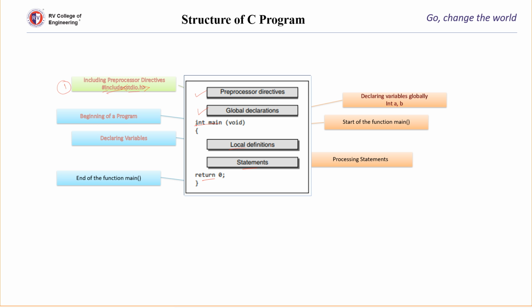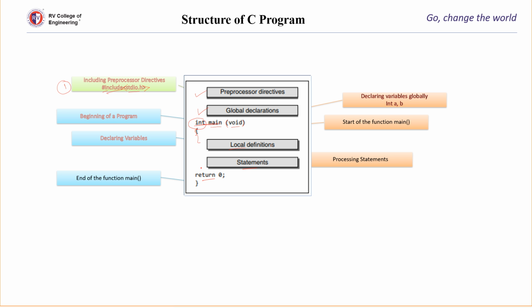It is the point where your processor starts executing a program. This is the return value, that is what value you are meant to return to the program that has called. Then we have a keyword called main followed by an opening bracket and a closing bracket. Then we have the opening parenthesis.